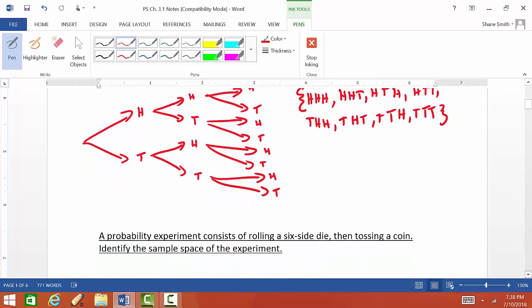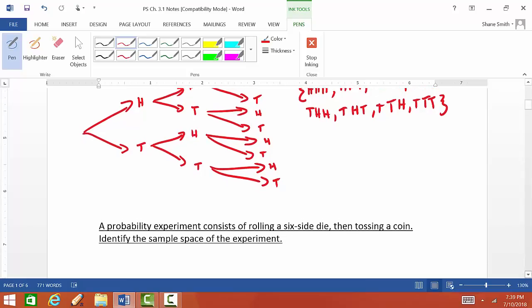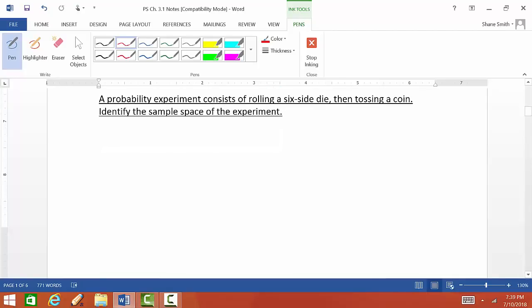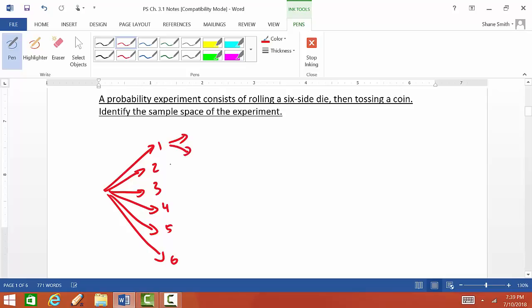So try to make the tree diagram for this next one on your own. The probability experiment consists of rolling a 6-sided die and then tossing a coin. And then see if you get the same thing I get. Okay, so hopefully you did this. When you roll a 6-sided die, you have 6 possibilities, 1, 2, 3, 4, 5, 6, and then each of these outcomes get heads or tails.